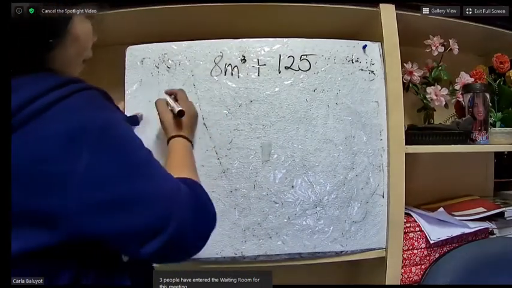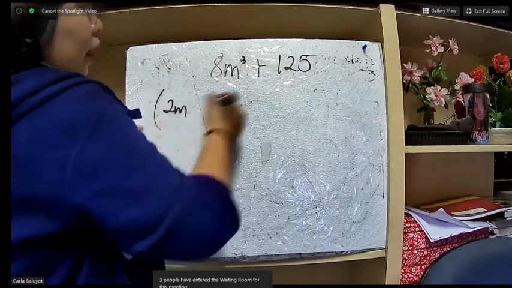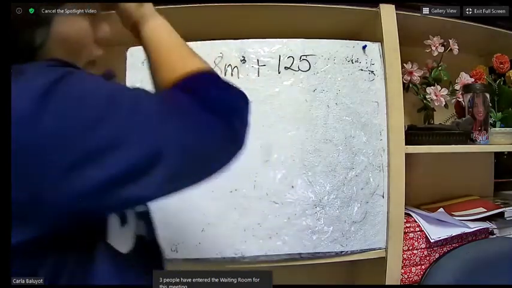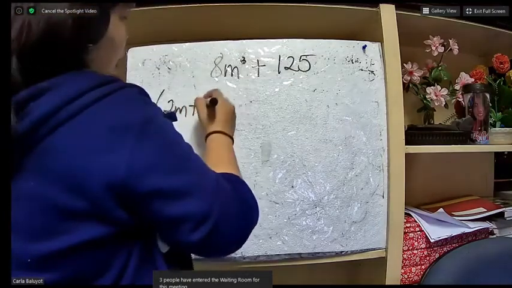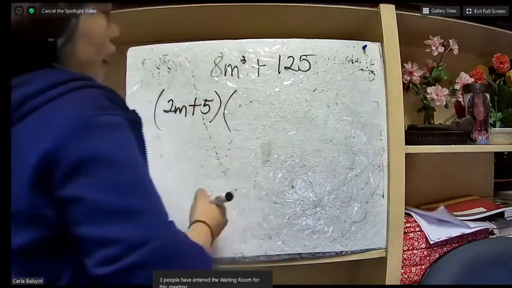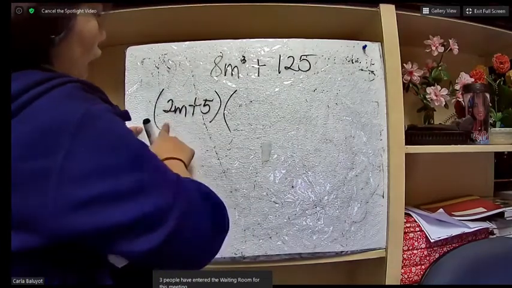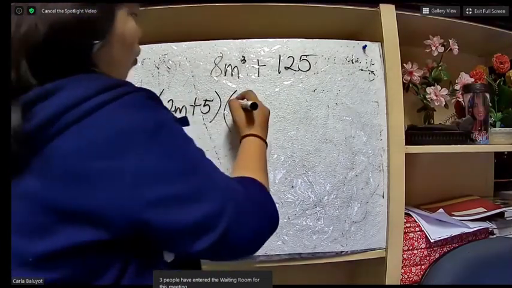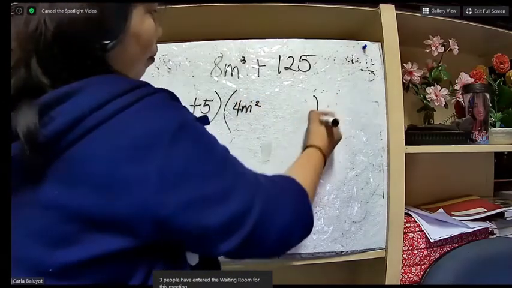Ano ang cube? 2m. Next, ano ang cube ng 125? 5. 5 plus 5. Next one. Ano ang 2m squared? 4m squared. Next, the third term.